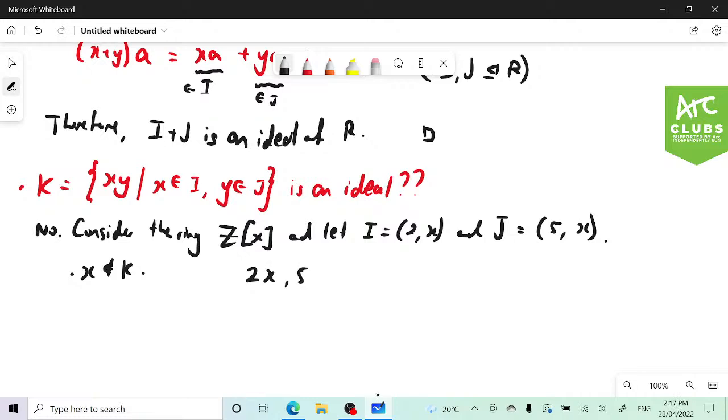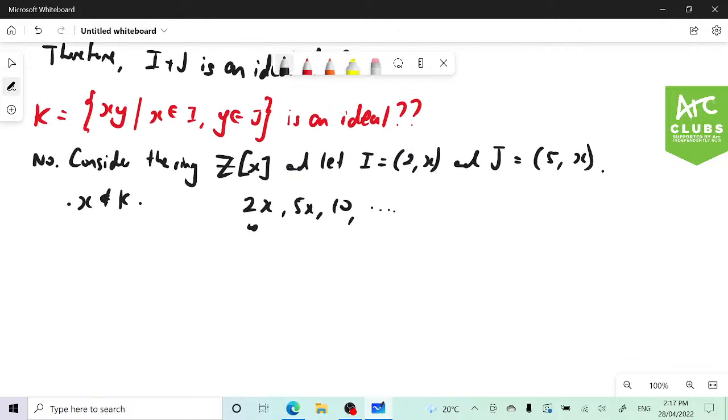You can generate things like 5x. You can generate 10, etc. But you can never generate x out of a product of this and this. So as a result, we know that x cannot belong in K.